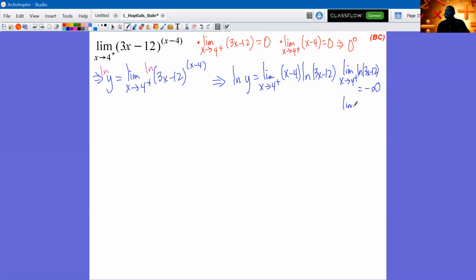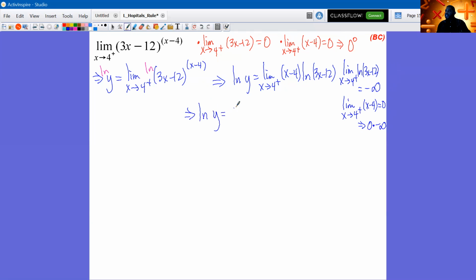And then if I take the limit as x approaches 4 from the right of x minus 4, that's 0. So that implies 0 times negative infinity. So that means we have to manipulate this.